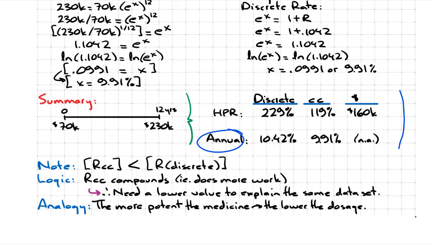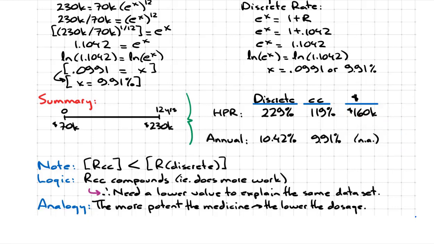Sure. On a discrete basis, in other words, if you assume no compounding, the annual return would be 10.42, but with continuous compounding, it'd be 9.91. Since it's a 12-year period, I can calculate the dollar return over the 12 years, but it would be faulty to calculate the annual dollar return because we don't know what that was. We just know the beginning value and the ending value.